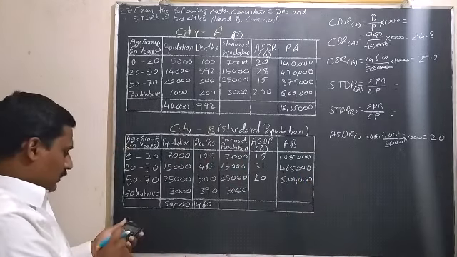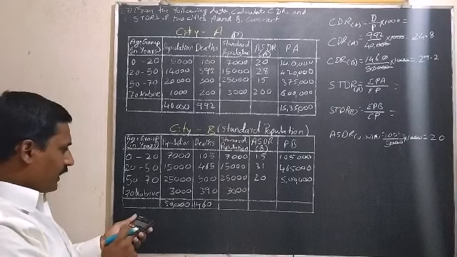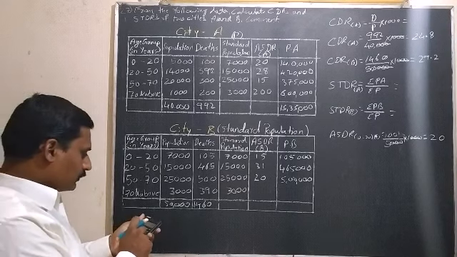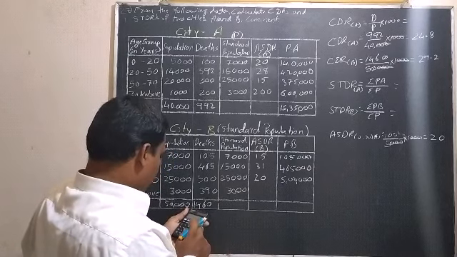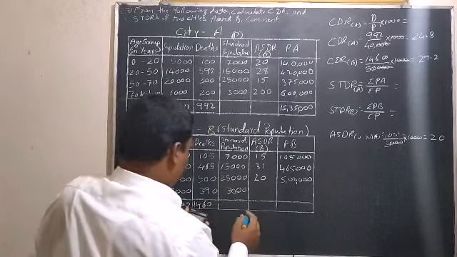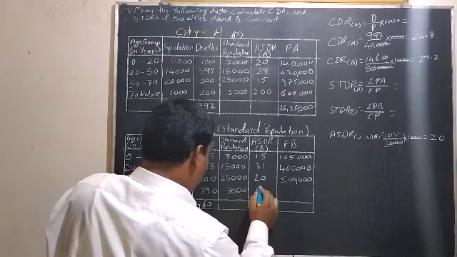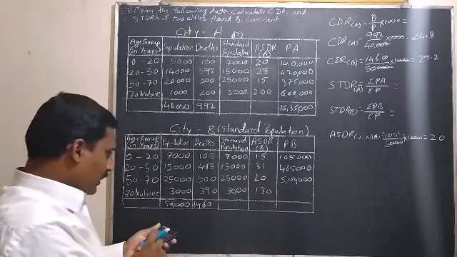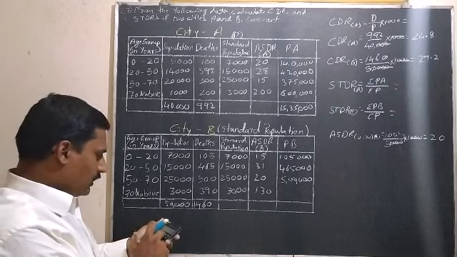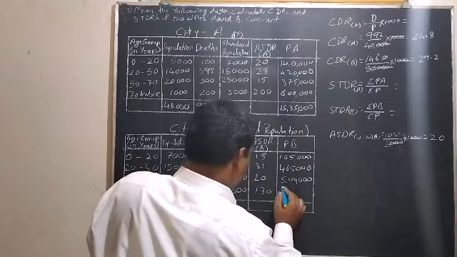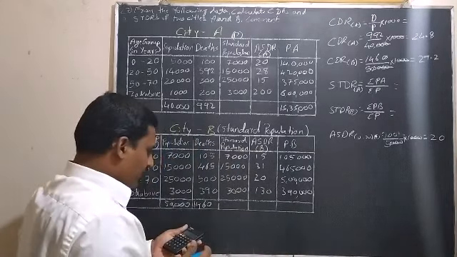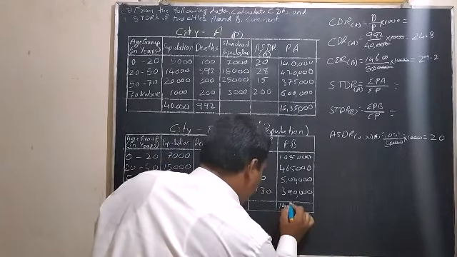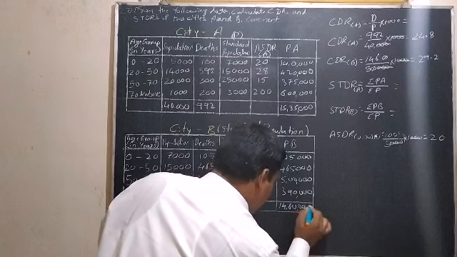Next comes 390 divided by 3000 into 1000, which is equal to 130. 130 into 3000 is equal to 3,90,000. So the total of this column is 14,60,000.